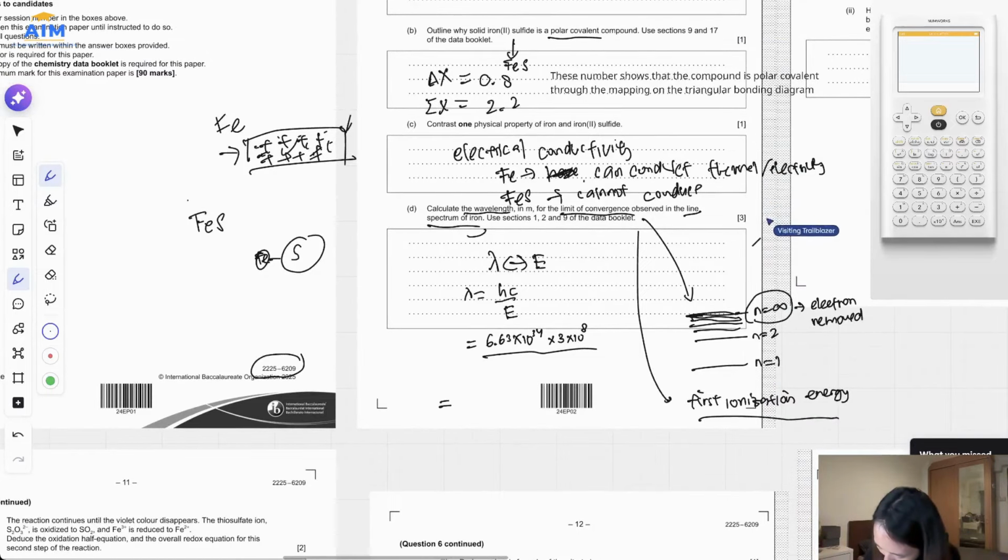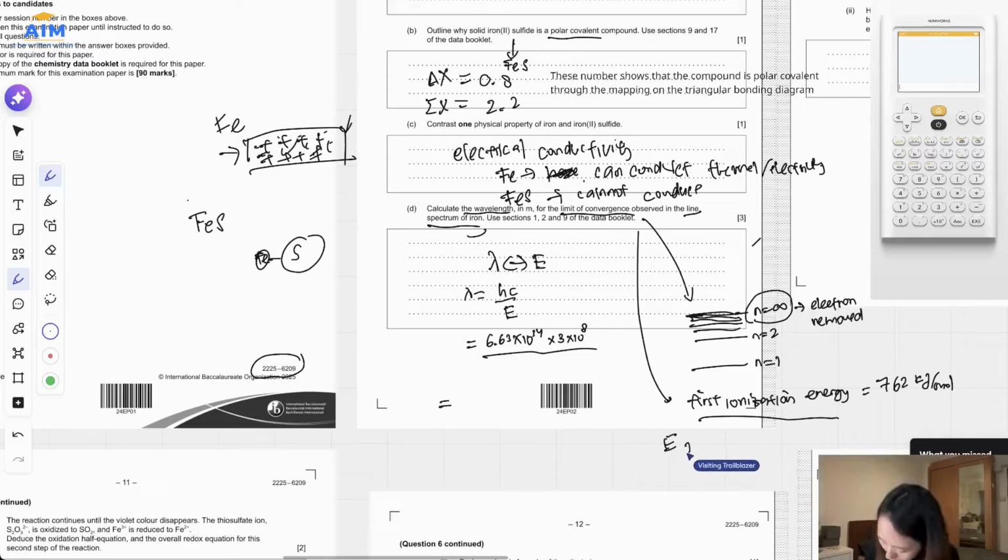So we know that the first ionization energy is equivalent to 762 kilojoule per mole. But we want to know the energy for one atom.